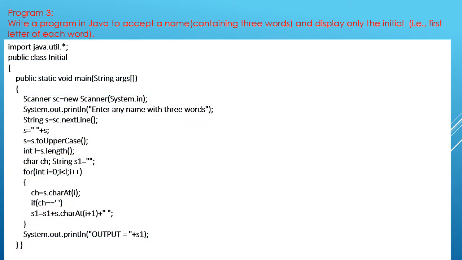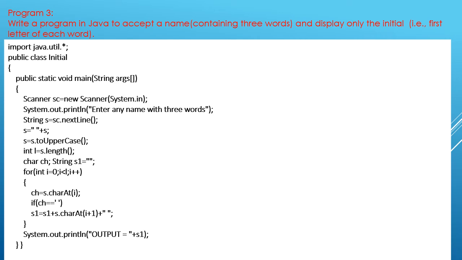Like the previous program, we have to import java.util.* to include the package in your class. Define the class Initial in the program: public class Initial. Define the method. Create a Scanner object sc: Scanner sc = new Scanner(System.in). System.out.println: Enter any name with 3 words.